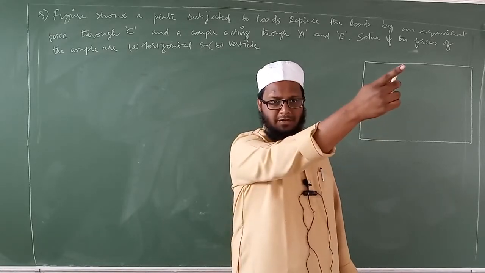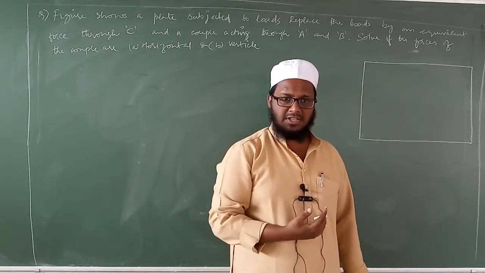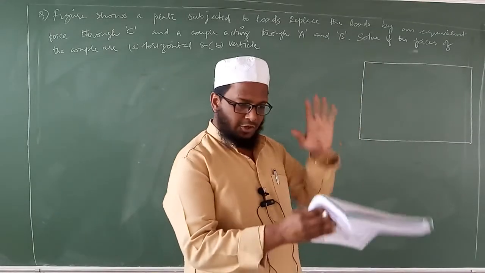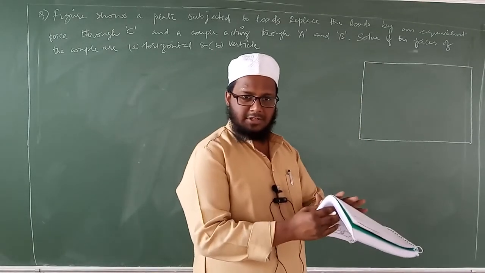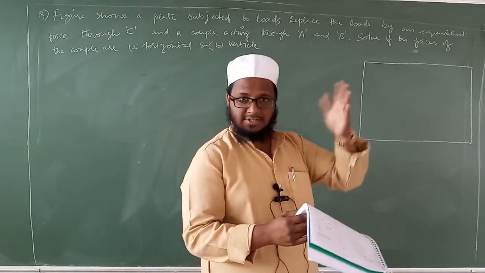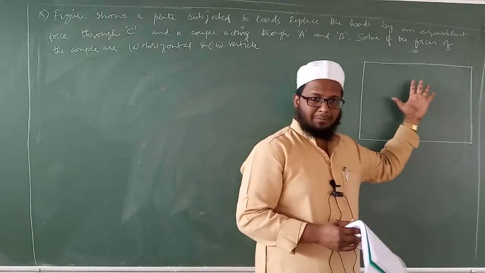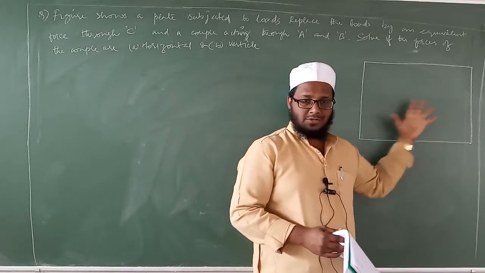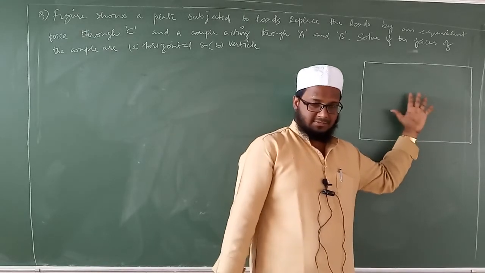The auditorium which we have here is entirely a steel structure. In that steel structure, the joint at which the entire truss is fixed to some plate. So what are the forces acting on that plate? That is nothing but this one.